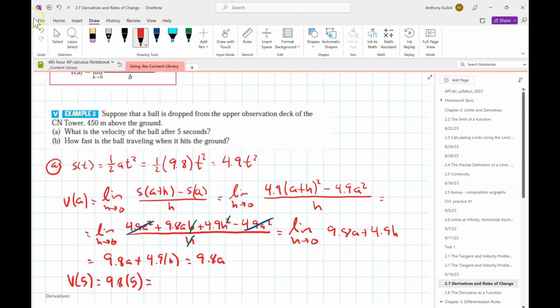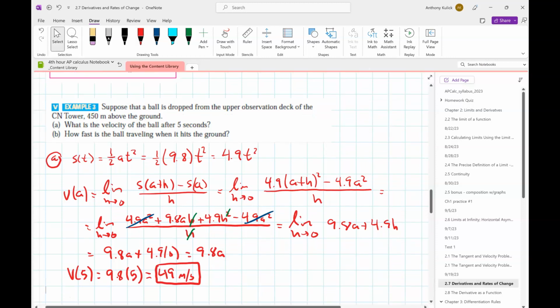And what's that come out to? Oh, 49. That's meters per second. Still doing pretty good.